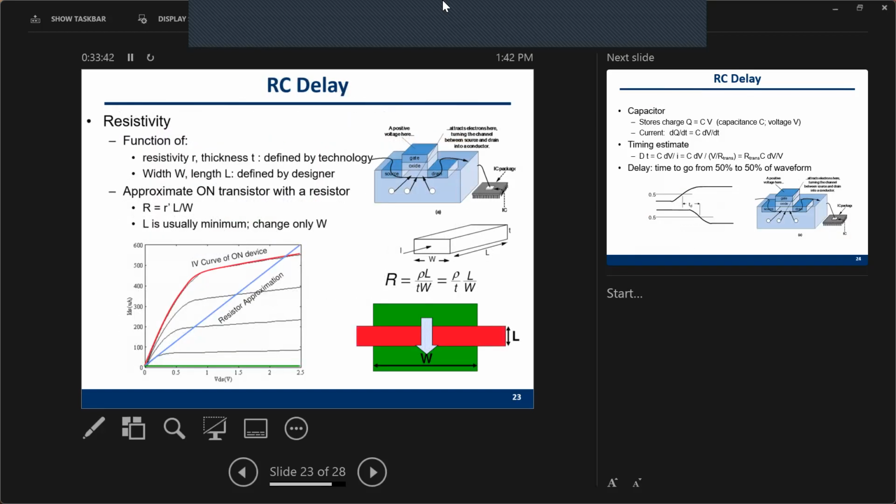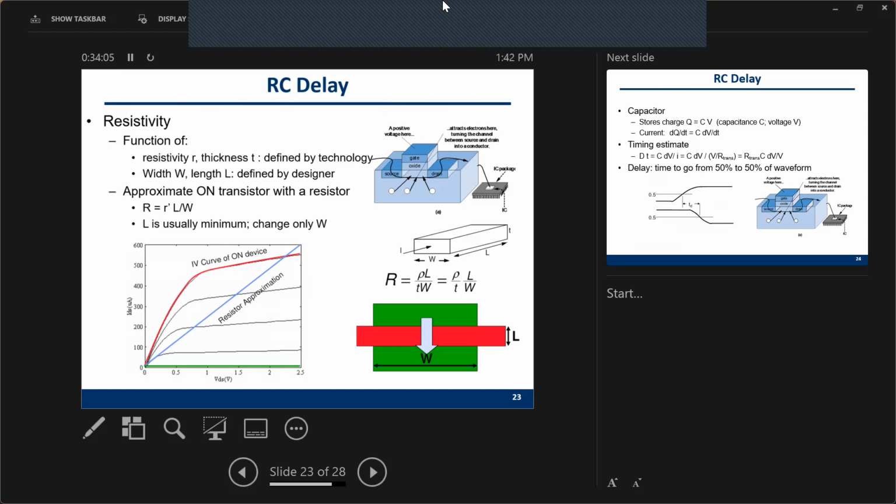Again, no matter whether it's the NMOS or PMOS, it's not perfect. It has a resistance. And the resistance is proportional to the length of the gate, and inversely proportional to the width of the gate.